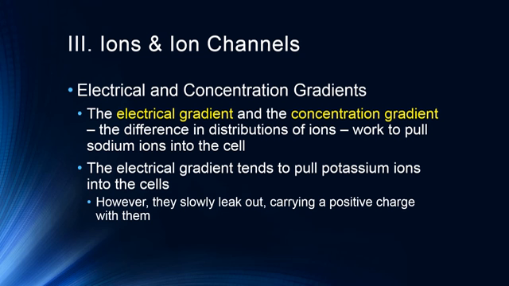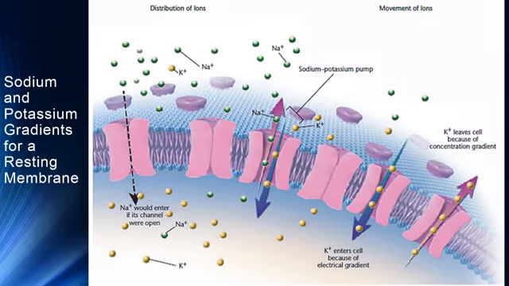So they slowly leak out carrying a positive charge with them because those potassium ion channels aren't completely closed. So that's why there's that sodium-potassium pump working, and again the concentration gradient, because there are more potassium ions inside the cell than out, the concentration gradient pulls them outwards. So these are the gradients that are pulling things in and out of the cell.